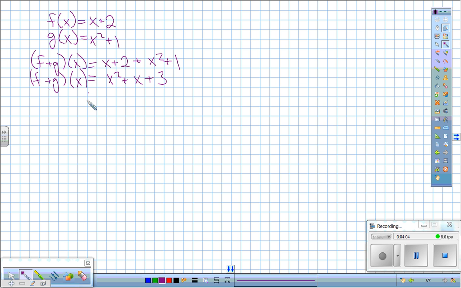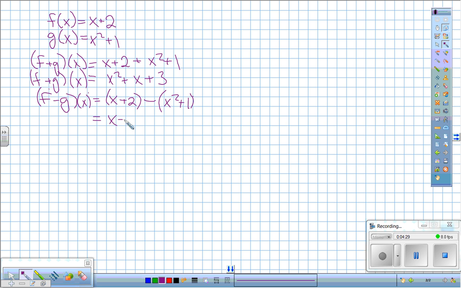Okay, f minus g, make sure you do the negative sign throughout everything that is in g. So this would look like x plus 2 minus x squared plus 1. A lot of times what people do is leave off these parentheses, and that is not correct. Make sure you put those parentheses because we're going to have to distribute this negative sign throughout everything.